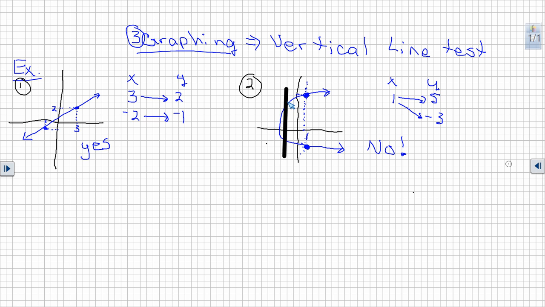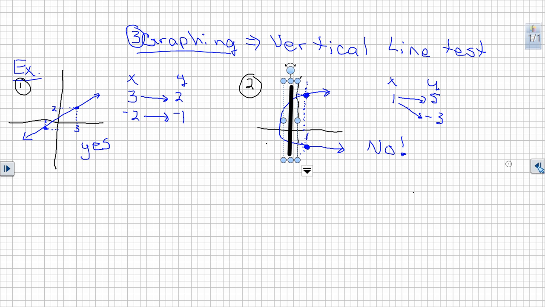There's a point above and a point below where my blue graph touches the black vertical line twice. That means my x value of 1 has 2 different y's. My x value of 2 has 2 different y's. My x value of -2 has a y on top and a y on bottom. That is not a function.